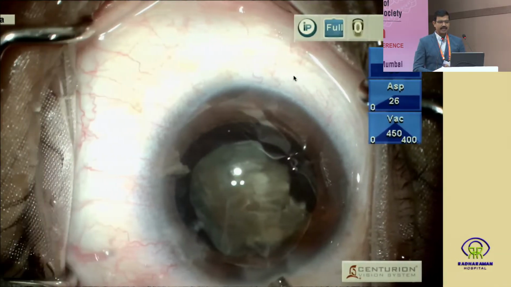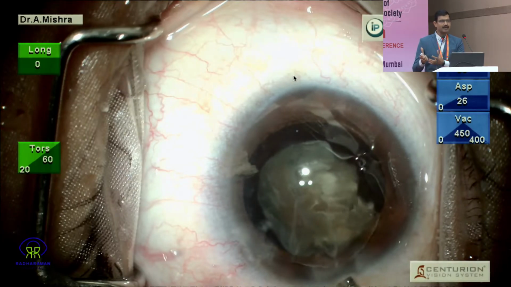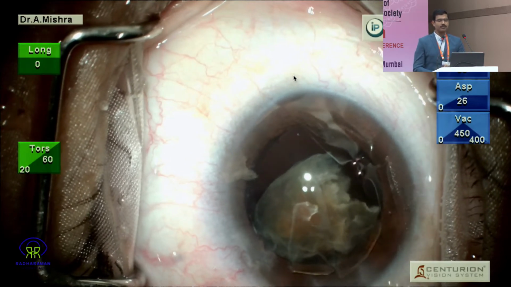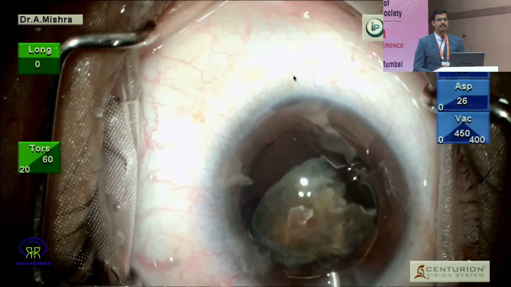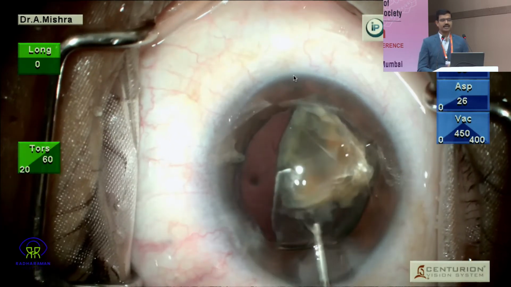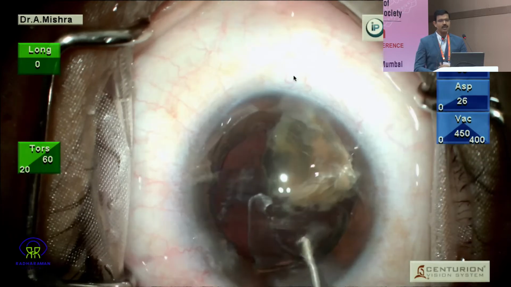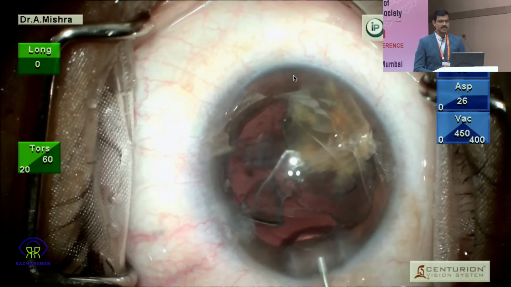The other thing that you can do is, when you have the last fragment in, you can lift it up after putting in some viscoelastic, out of the bag, and then proceed with the phacoemulsification. Once it's out of the bag, you can protect the endothelium with dispersive visco, you can protect the posterior capsule with dispersive visco, and then still carry on with your unfinished job.